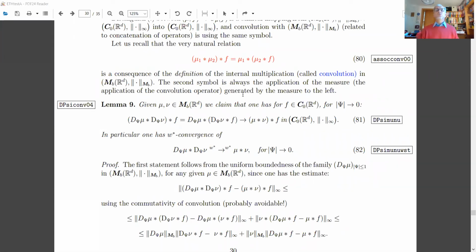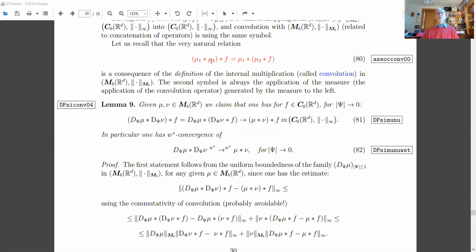Later on, we will use quite often this formula number 80, which I put in green. And here you have to be very careful. There are 4 times you see a star, but on the left-hand side, it's a concatenation between 2 bounded measures. So this is this internal multiplication of measures. We are producing a new measure, which we have called mu1 star mu2.